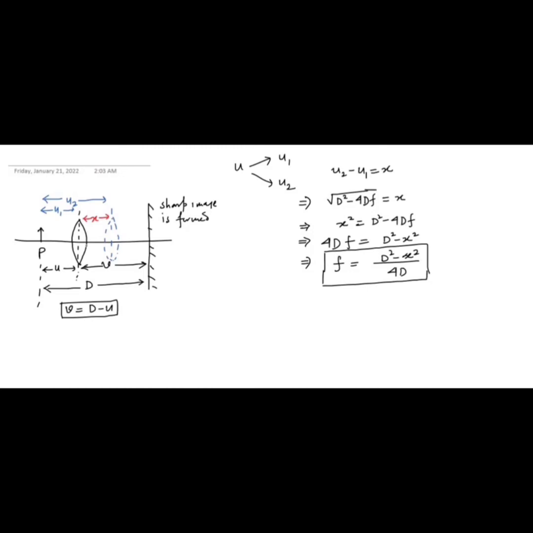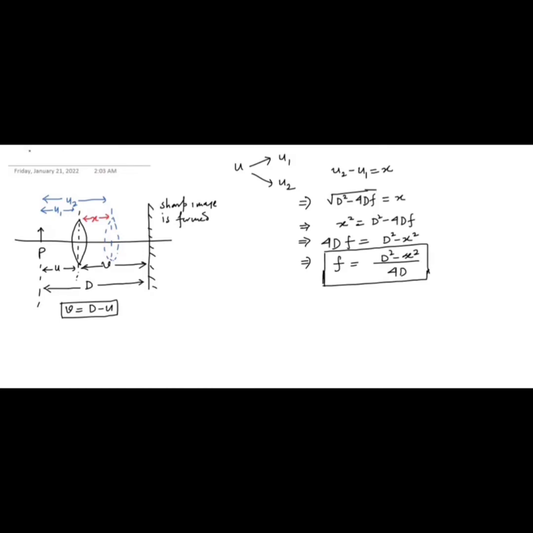X is the distance between the two positions of the lenses for which a sharp image is getting formed on the screen. Okay, so using this formula we can easily find out the focal length of the converging lens.